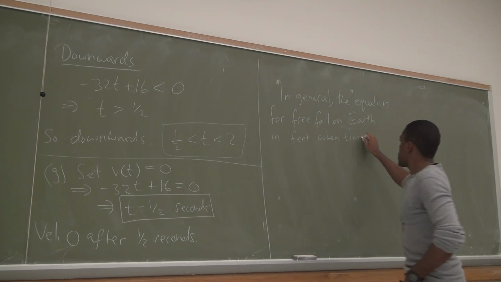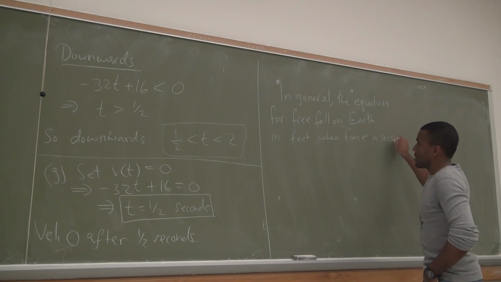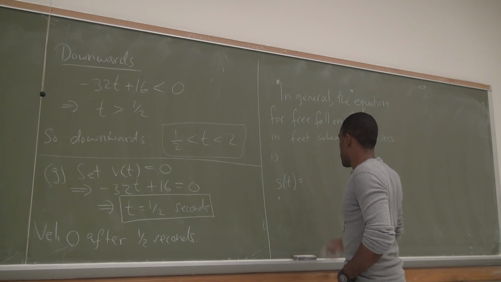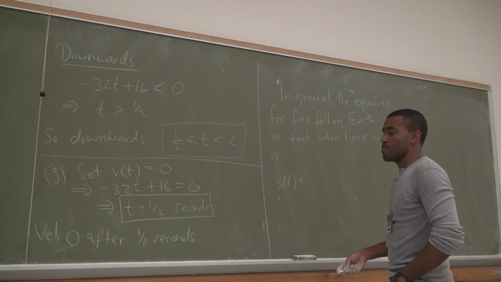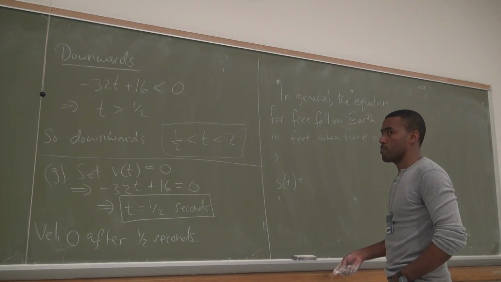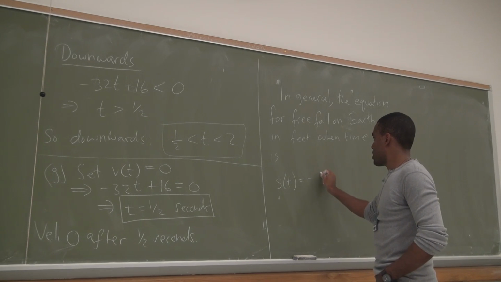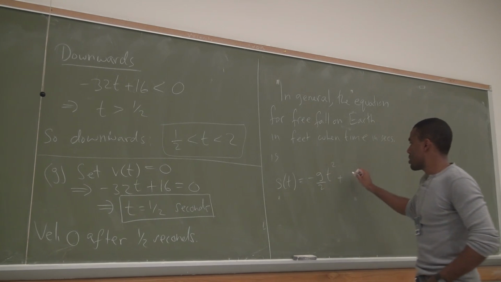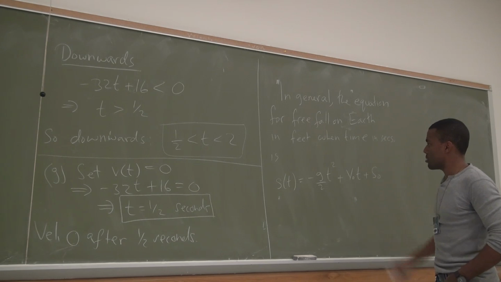The position is minus g over 2 t squared plus v0 t plus s0, right?